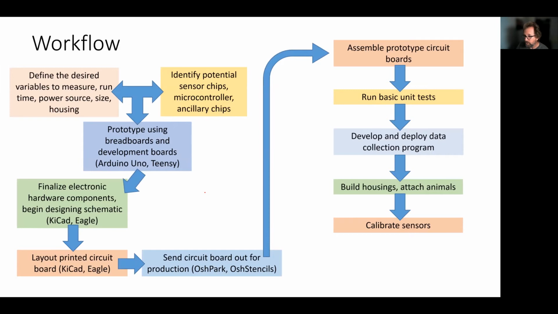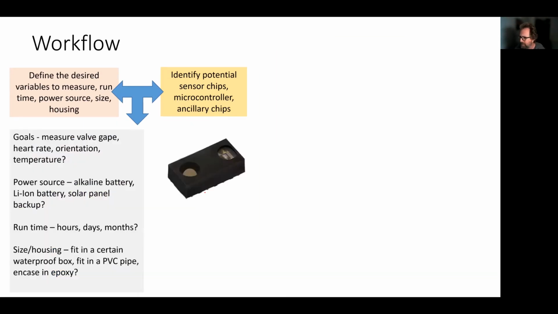So our general workflow then for getting from an idea or a hypothesis that we want to test to actually collecting data is something like what I've got laid out here. And I'll sort of walk through parts of this as we go. But we start out really by needing to define what are the parameters that we want to collect. How often do we want to sample those data? How long do we want this data collection process to run for?